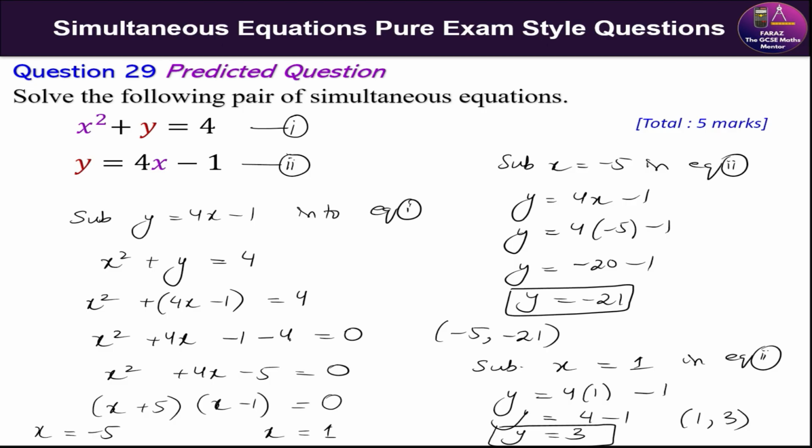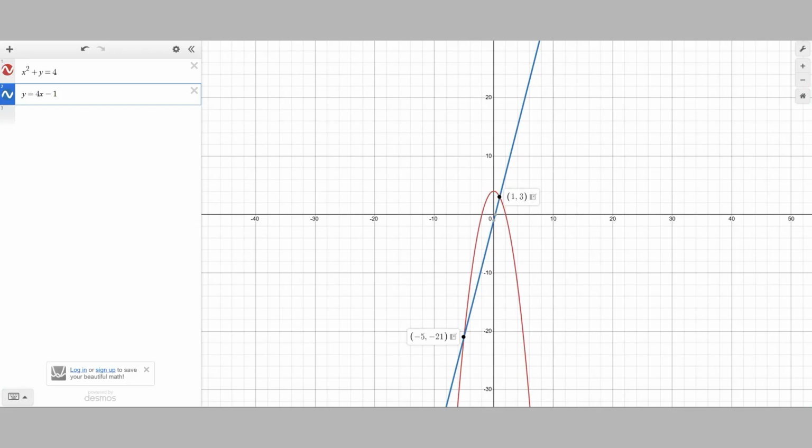So these are our solutions. The corresponding values you can see there: negative 5, negative 21 and 1 comma 3. These are the coordinates where the line intersects the curve at these two particular points. Nice and easy. Alright, I have plotted these two equations on the graph, x squared plus y equals 4 and y equals 4x minus 1. Let's see where they intersect.